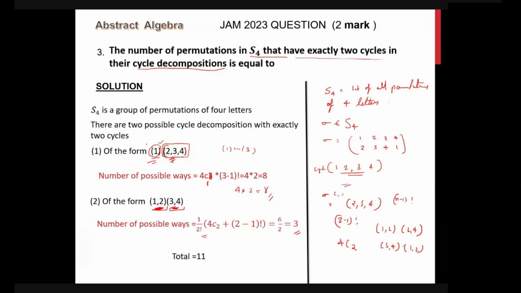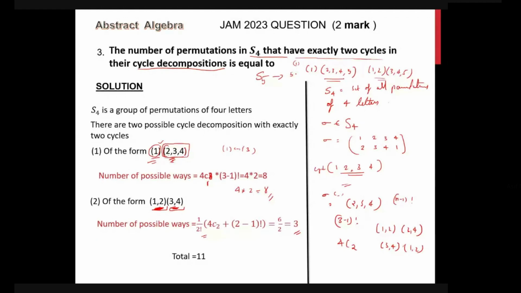So if they asked about any other group, say S5 instead of S4, then how many possibilities of 2 cycles are there? One is a 1 cycle and a 4 cycle. Okay, S5. And the other one is a 2 cycle and a 3 cycle. So these are the 2 possibilities, right? Is there any other possibility? Now you have to check how many permutations are there for these 2 possibilities.